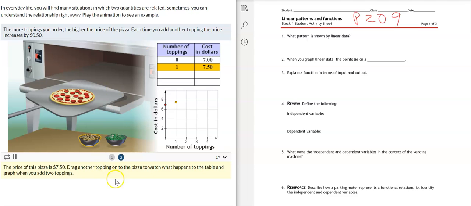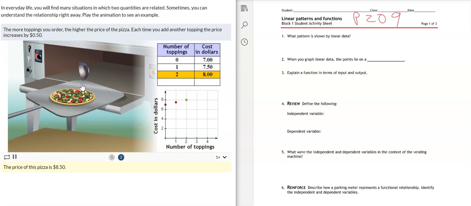We can drag another topping on here to see what happens to the table and the graph. It looks like some mushrooms there. Two toppings, it goes up again to $8, and you can see it in the graph as well. And our last topping, this looks like green peppers. That's going to be a tasty pizza.